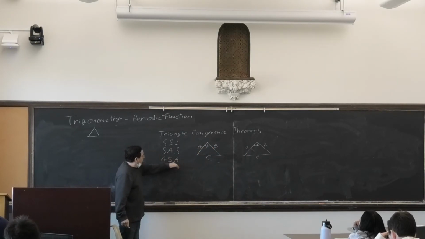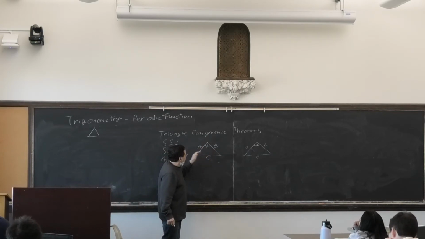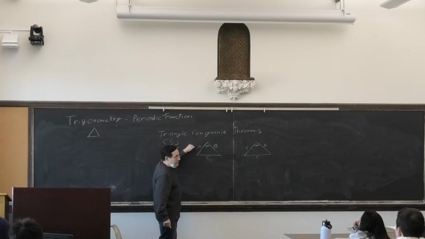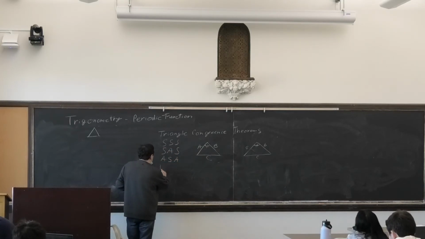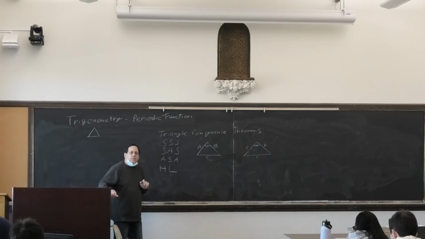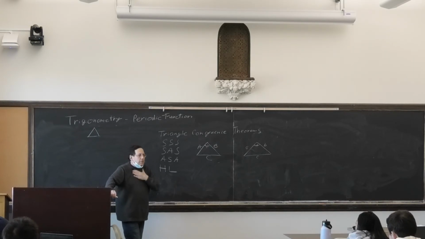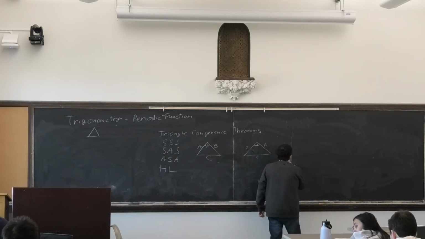Again, angle, side, angle: two angles and a side with the side between them. And then there's one more special one called HL. Does anyone remember HL? Anyone remember what that stands for? Okay, it's been a long time. It only refers to a right triangle.